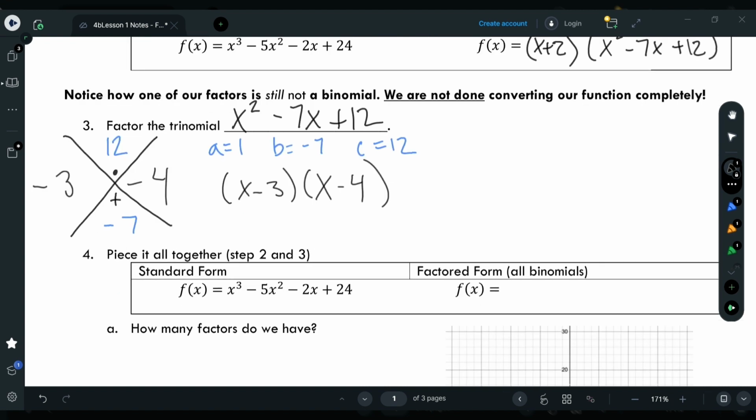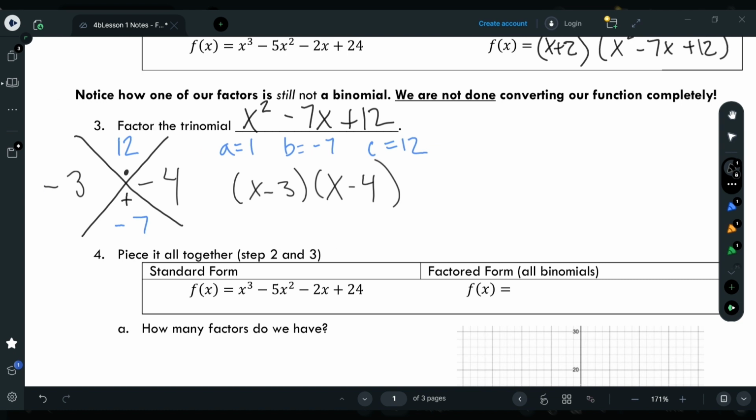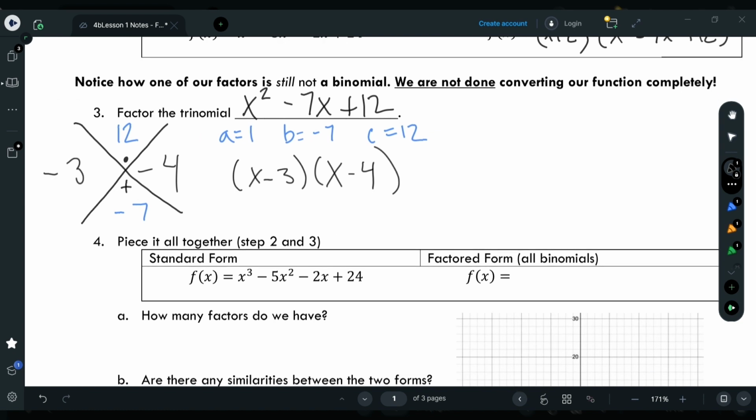And so for step 4, piece it all together. Okay, so now we're going to write it in fully factored form. This was like if I went back to the example with the number, right, we had 24, and then we factored it into 2 times 12. But then if we realize, 12 can actually itself be factored into 3 times 4.